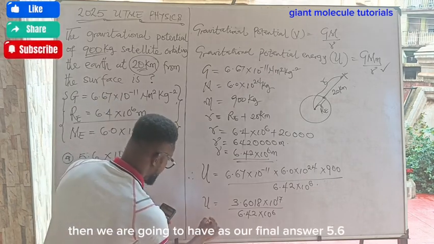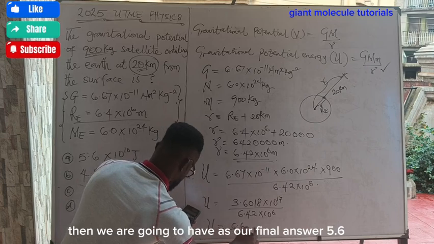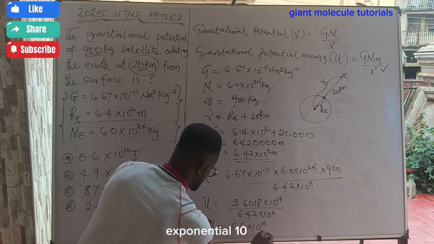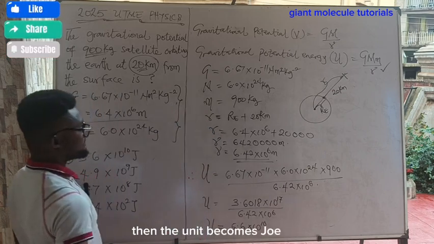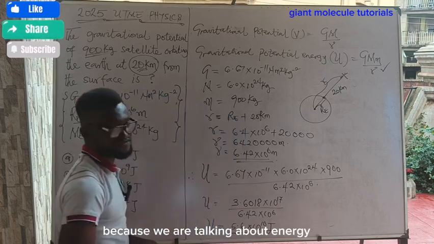Then we are going to have as our final answer 5.6 exponential 10. Then the unit becomes joule because we are talking about energy.